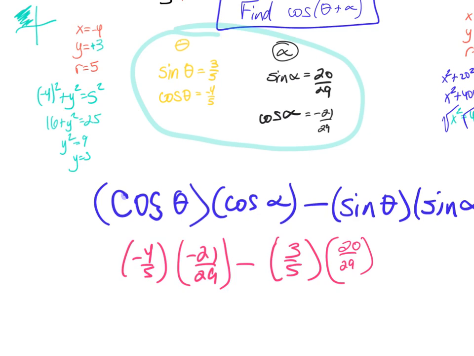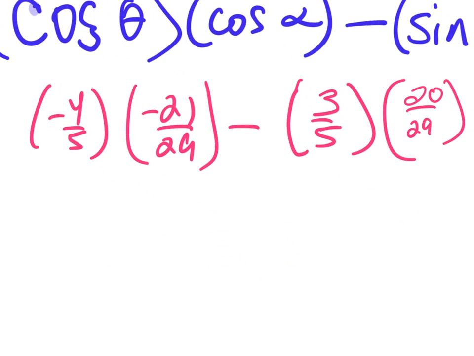What do you notice about both of the denominators here and here? Right? When you multiply them together, you're going to get the same number. Okay. So, multiply. What is negative 4 times negative 21? Positive 84.